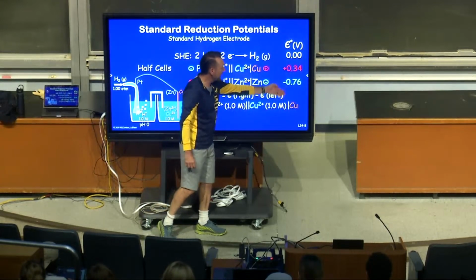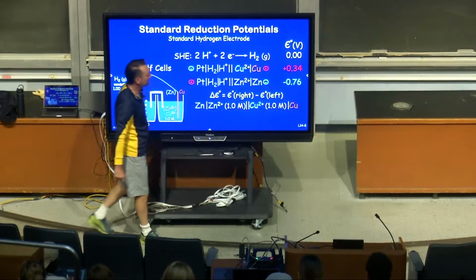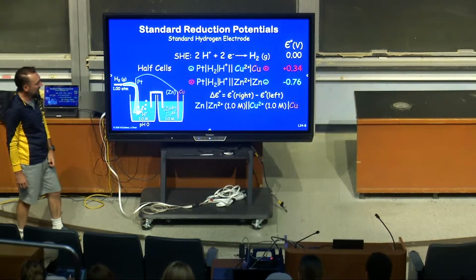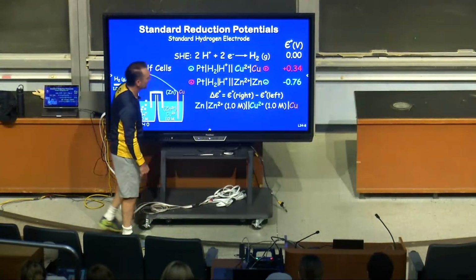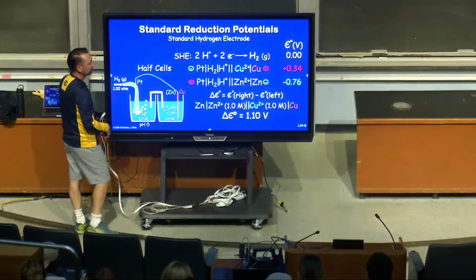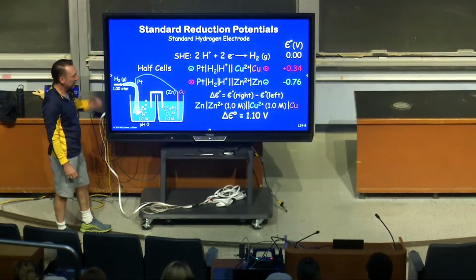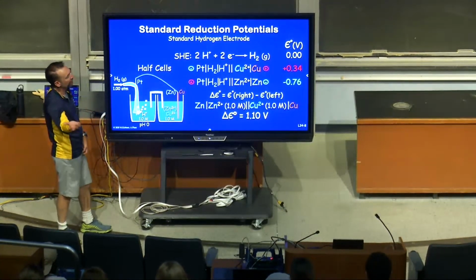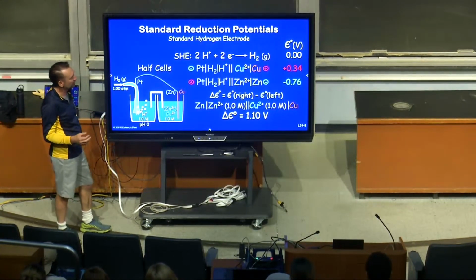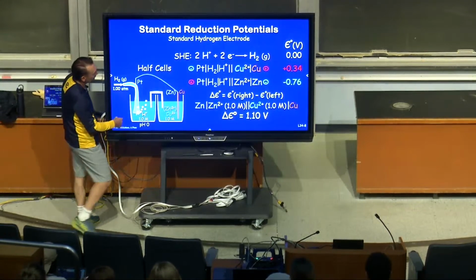You'd get about 1 volt, which we saw happening there on the last slide. This is our zinc and copper metal cell. That's all I want you to be able to do on the exam, I think. You might convert it to a free energy as well, because you know how I love my free energies, but it's easy.